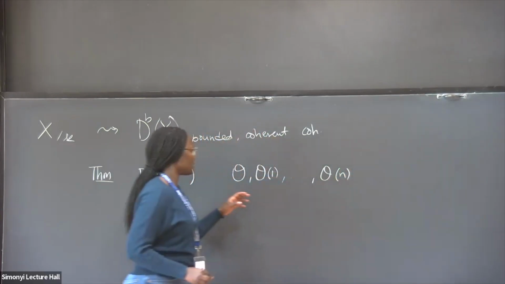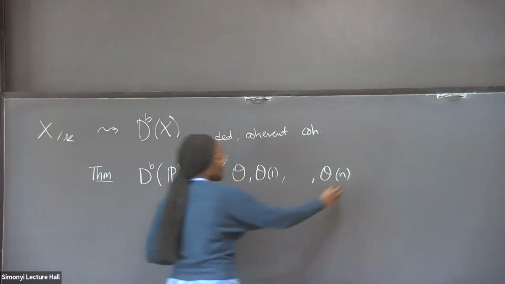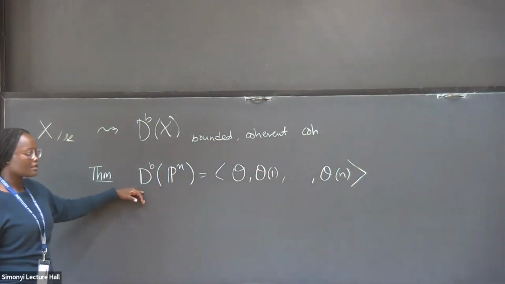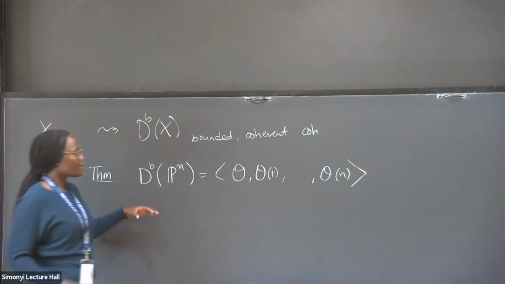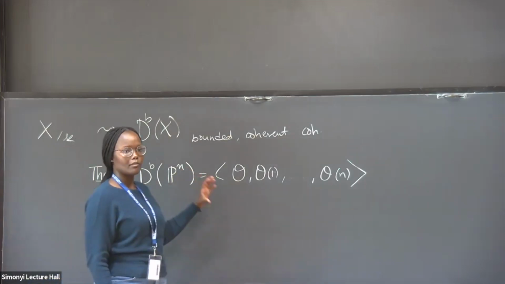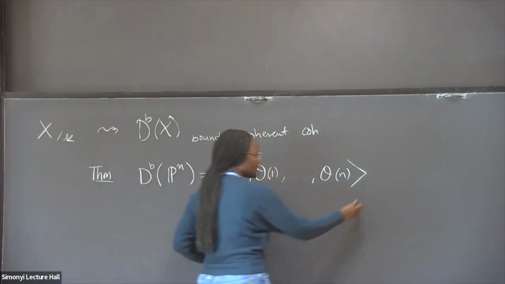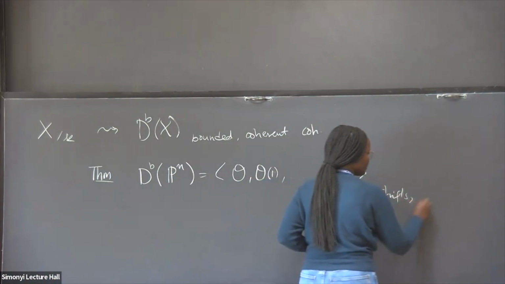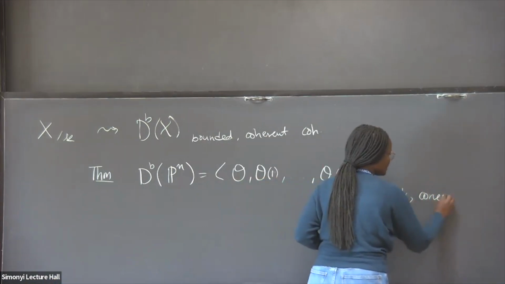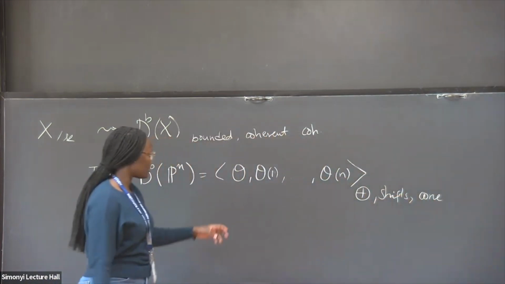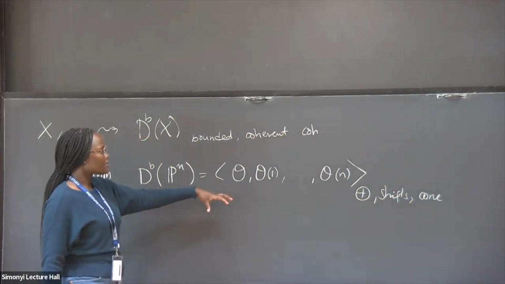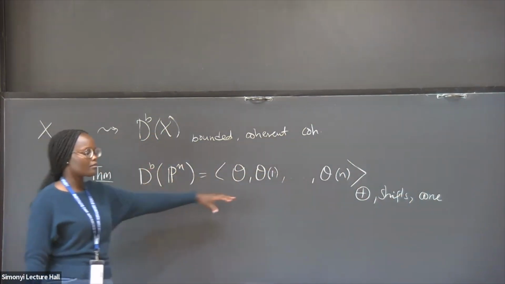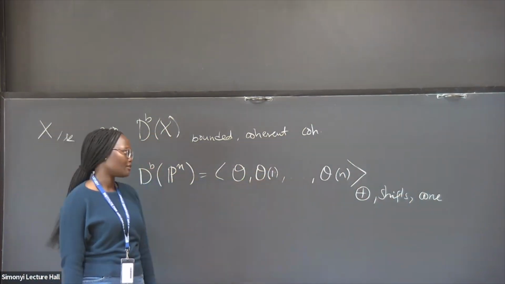What this means is that any complex in this category can be built in a canonical way if you allow taking direct sums or shifts of complexes, or taking so-called cones of complexes. Just using these operations, you can build any complex here from this finite list of line bundles.